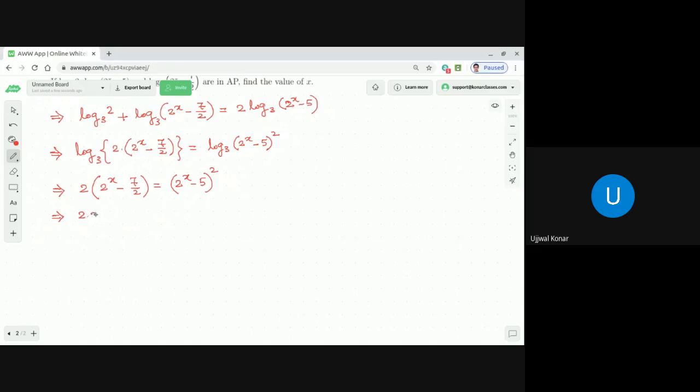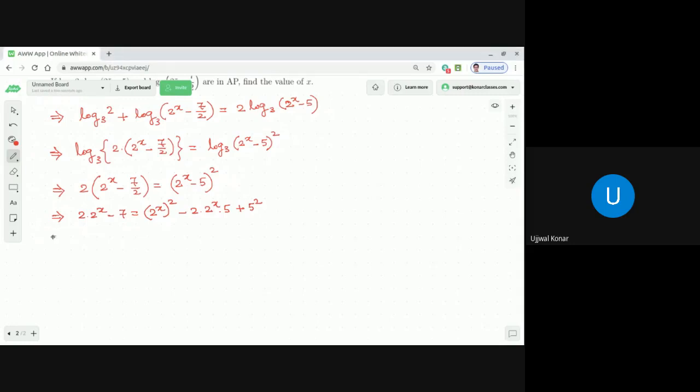We get 2 into 2 to the power x minus 2 into 7 by 2, that is 7, equal to 2 to the power x whole square, that is 2 to the power x whole square minus 2 into 2 to the power x into 5 plus 5 whole square. Clear or not clear? Yes.